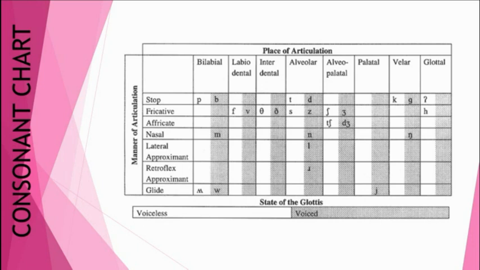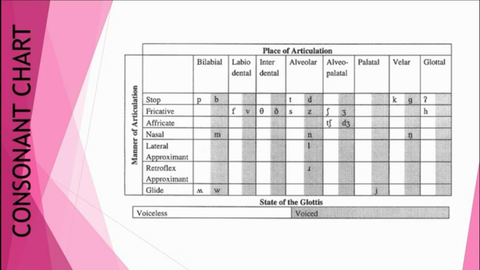For instance, I'll just pick a few of them and give you the description. Let's pick the first one. We have P. So P is a plosive bilabial voiceless sound. So if you want to describe P, you would have three qualities: stop or plosive, bilabial, and then voiceless consonant sound.